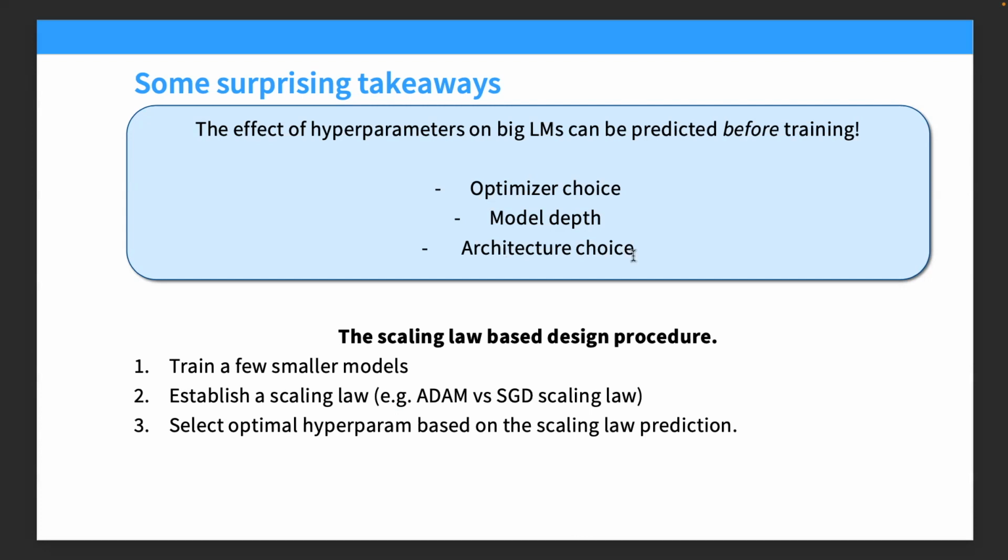All of this can be explored with a smaller model, and once you decide the choices, you can scale up to a larger model and the performance should still hold. So this is the procedure: train smaller models first, establish a scaling law, that log-linear relationship, or identify different regions where the relationship changes, and then select your optimal hyperparameters based on the scaling law predictions.